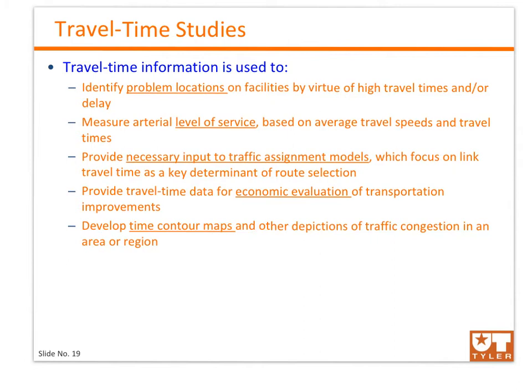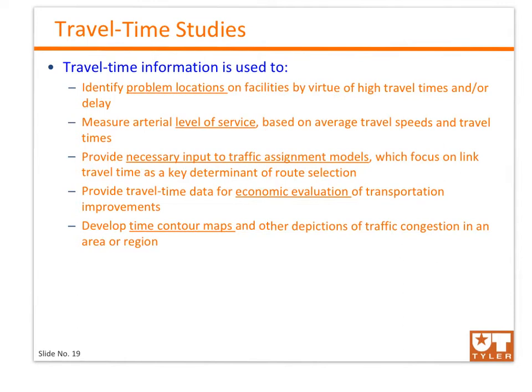So the first question that has to come to our mind is, what do we need travel time studies for? First of all, we use them to identify problem locations on facilities by virtue of high travel times and/or delay. For any intersection, drivers may experience longer times and lots of delay, so that would be a candidate location for a travel time study.